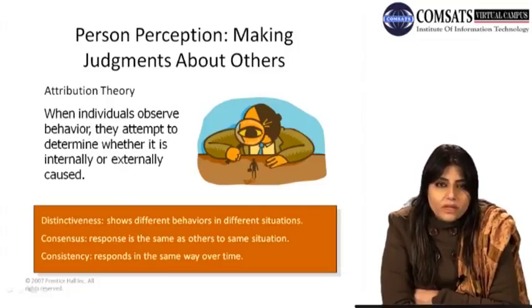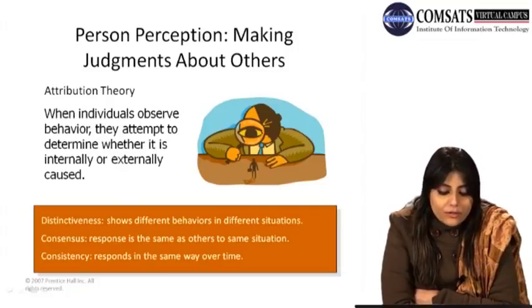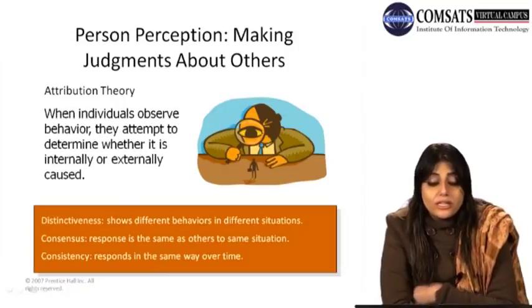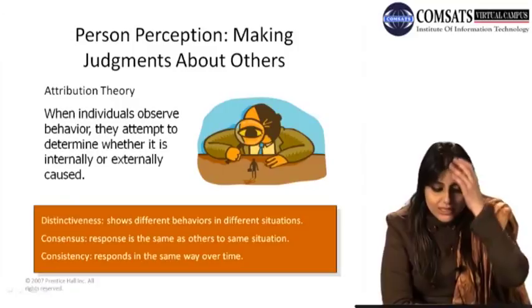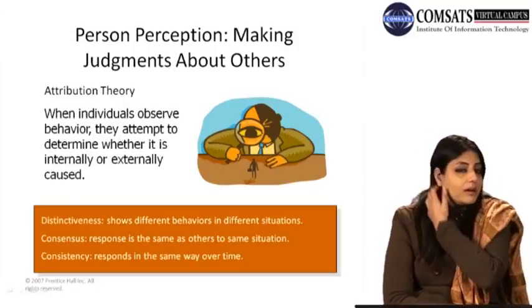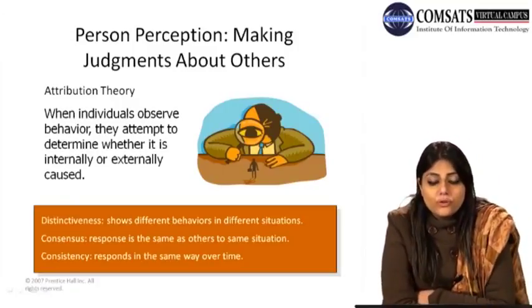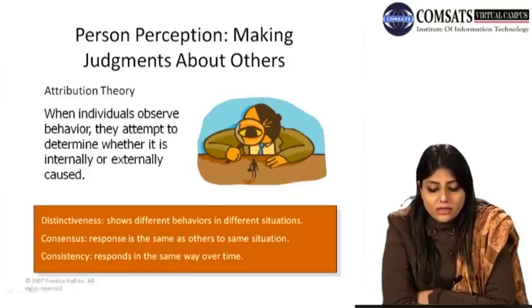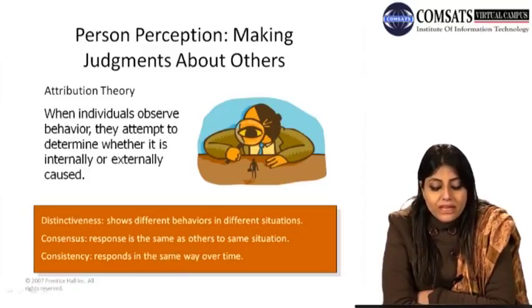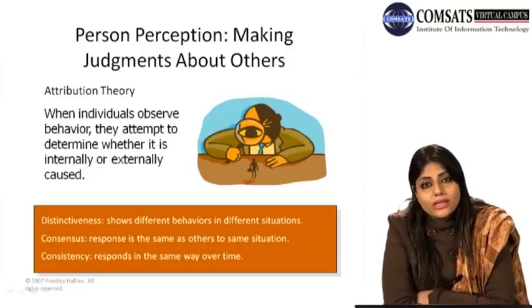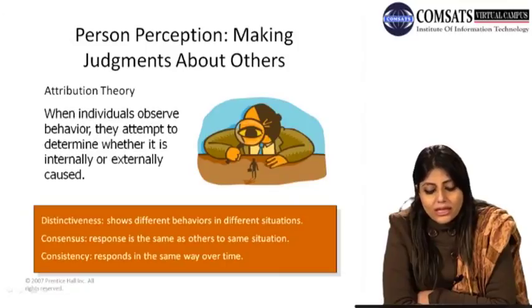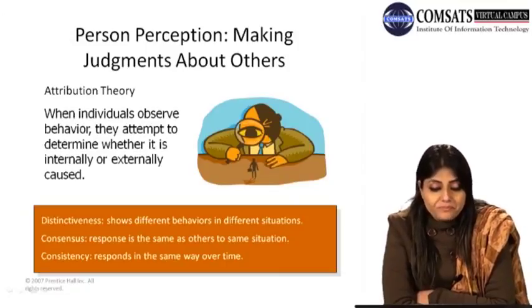With respect to this, there are three elements that we need to really understand when we are talking about this attribution theory. One is distinctiveness, which shows different behaviors in different situations, the other one is consensus, which is response is the same as others to the same situation, and the other one is consistency, which is response in the same way over time.